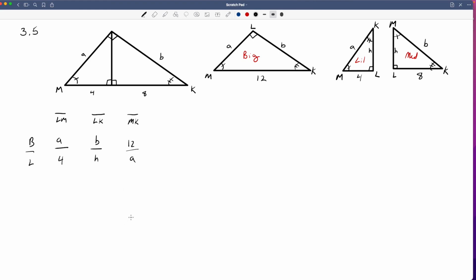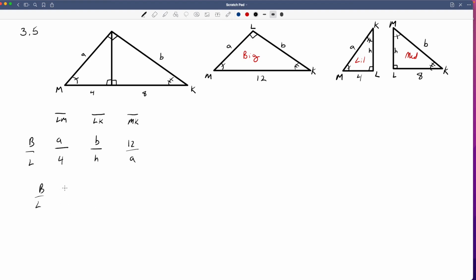All right, when you have 2 unknowns, and it doesn't matter which 2 of these we put together, if the 2 unknowns are the same variable, then you can still work with that. So I'm going to use LM and MK, and I'm going to set it up so big one over the little one.